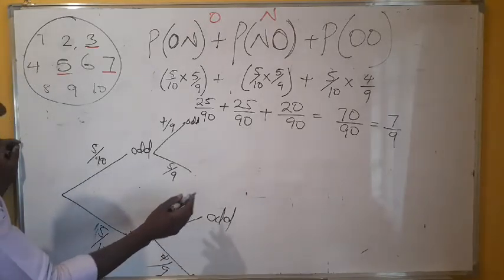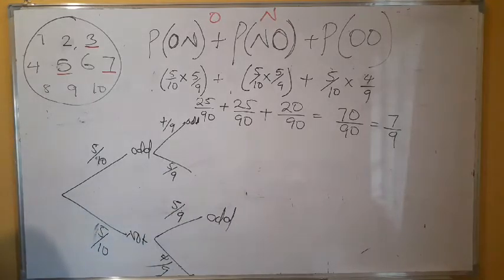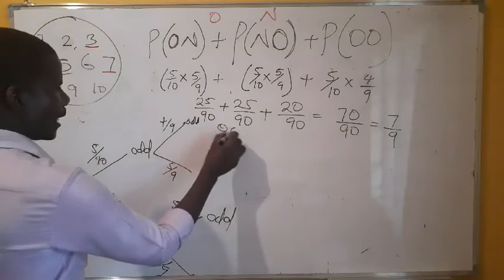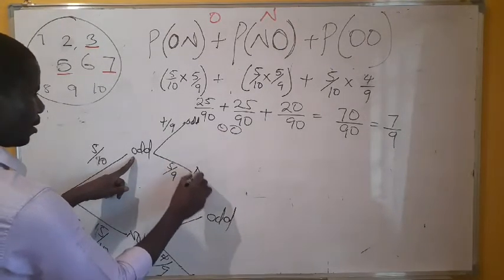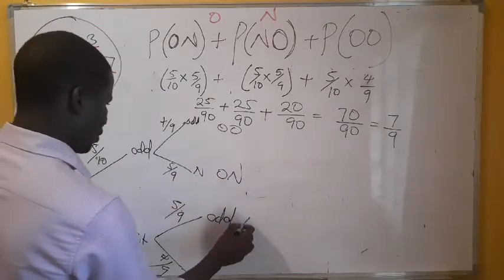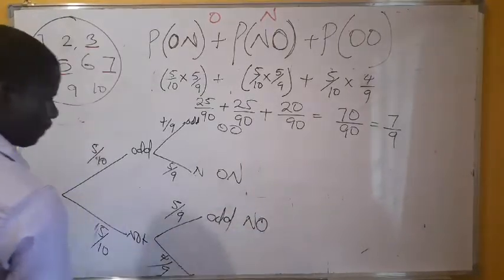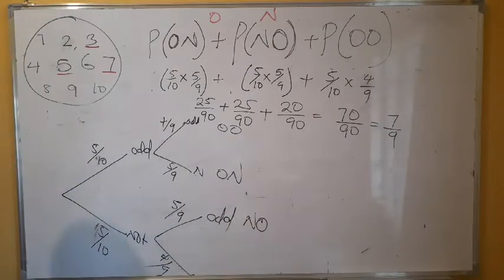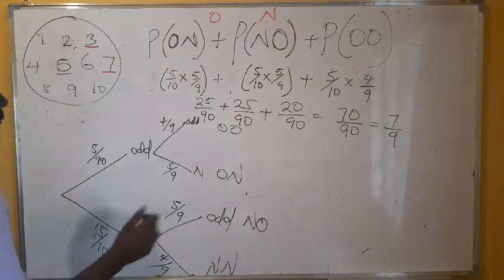Then for odd numbers, they are still at 5/9. So this one is for odd and odd, this one is for odd and not, and this one is for not, but the second one is an odd number. So then this one is not both. So again, it goes back.